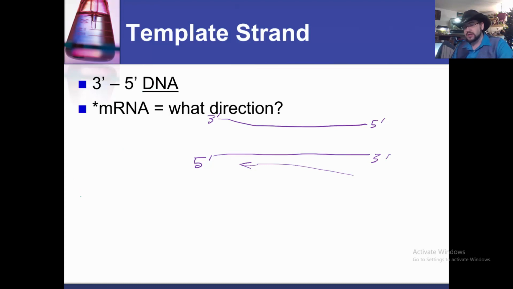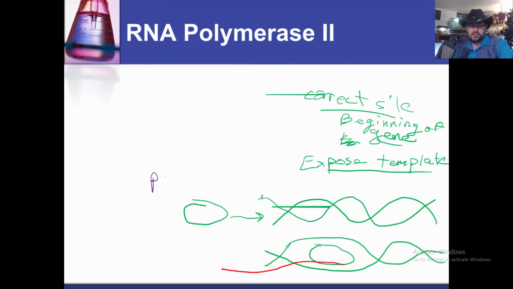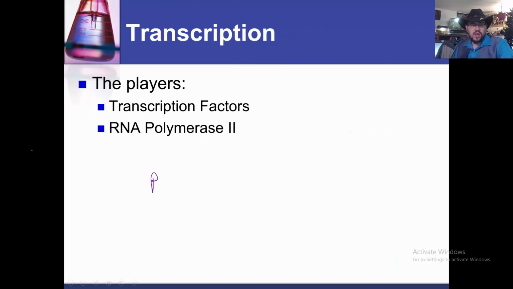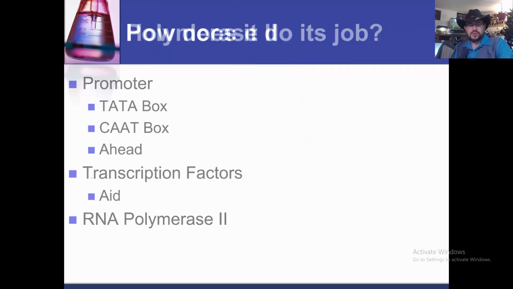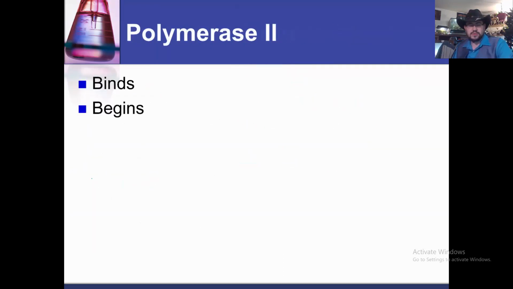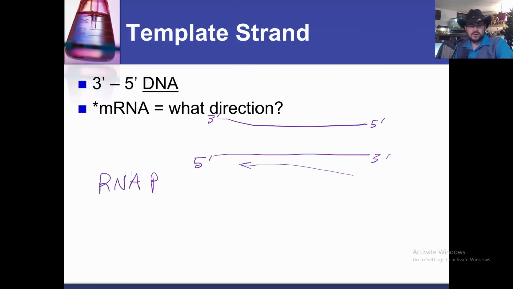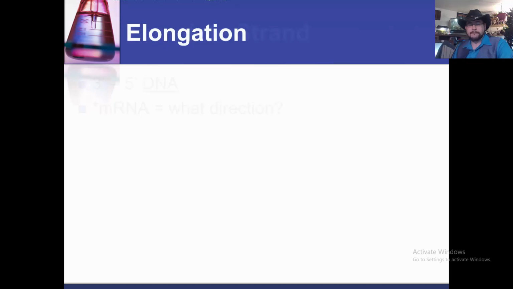What's anti-parallel to 3' to 5'? Yeah, that's right. Just like with DNA polymerase III, RNA polymerase II has to move in the 5' to 3' direction. So the template strand is the strand that's anti-parallel to that.